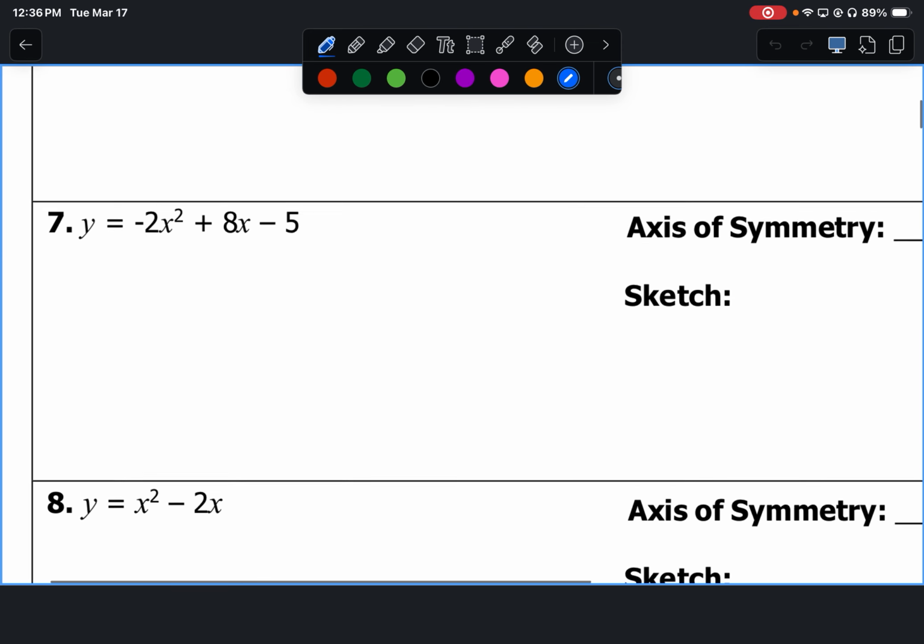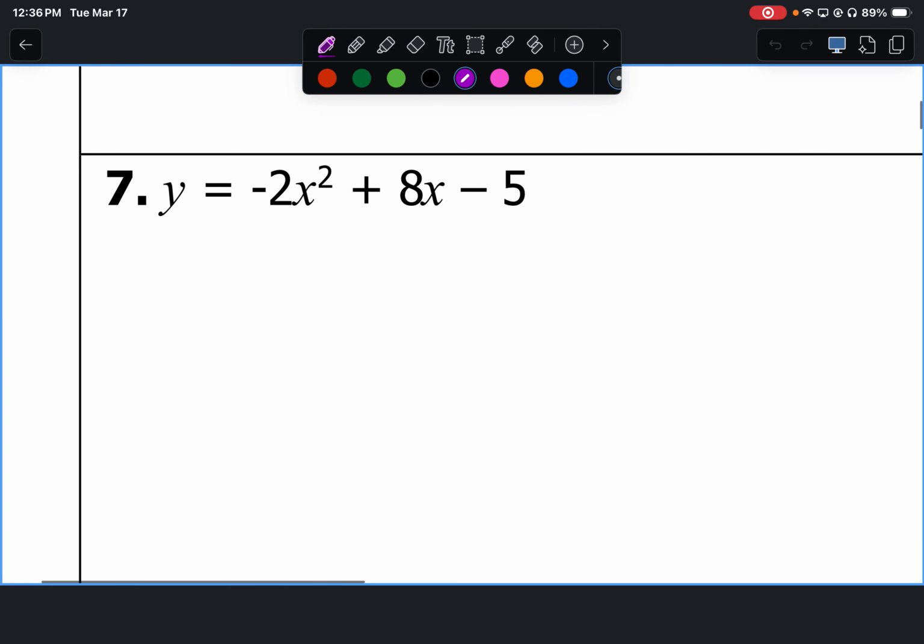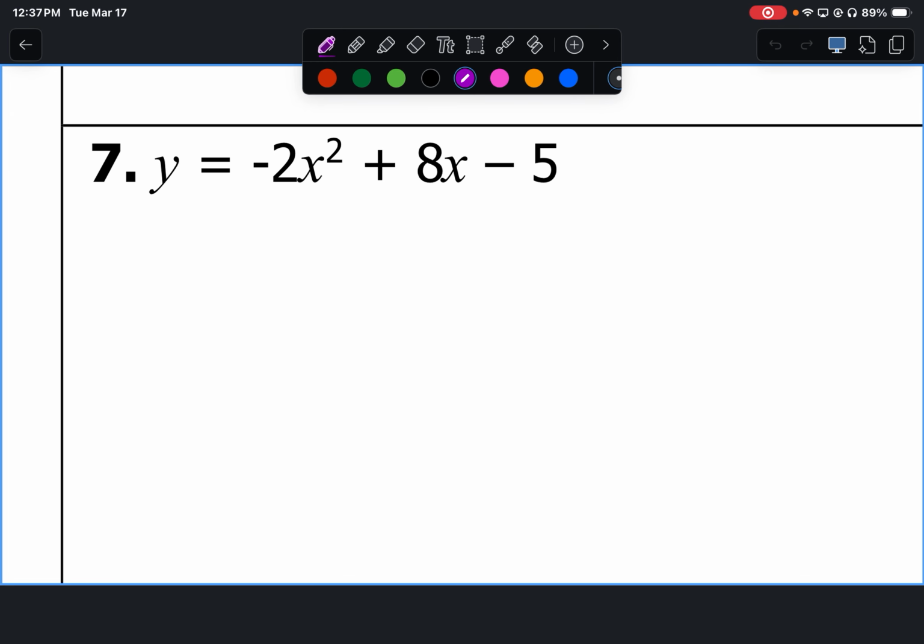We're going to start by finding our A, B, and C. What is our A term? -2. That is our A. That automatically tells me what? It's going to open down. As soon as we identify A, we know if this graph opens up or opens down.